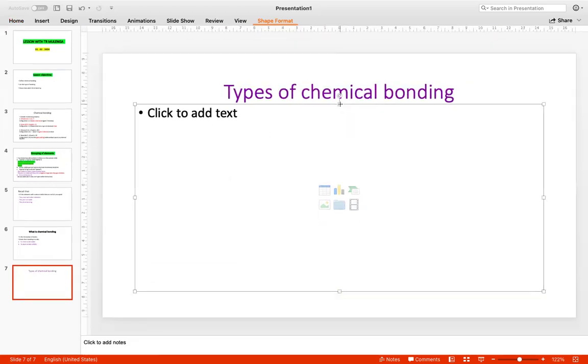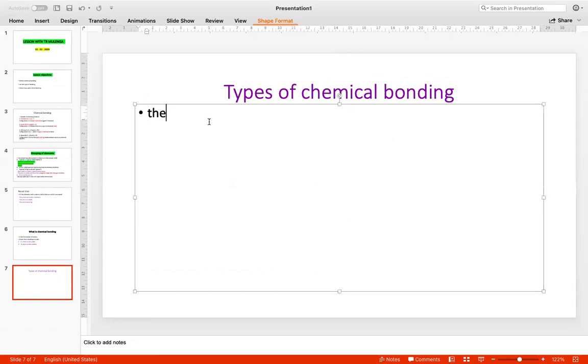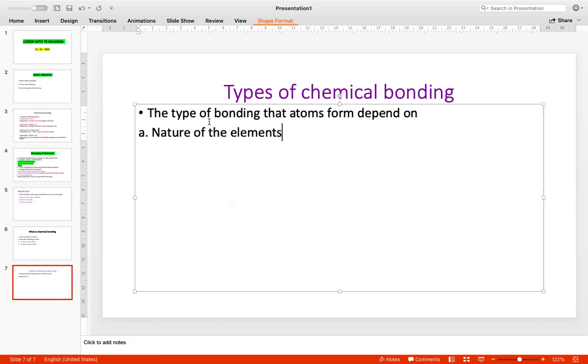I have to remind you that the type of bonding that atoms form depends on, one, the nature of the elements present.